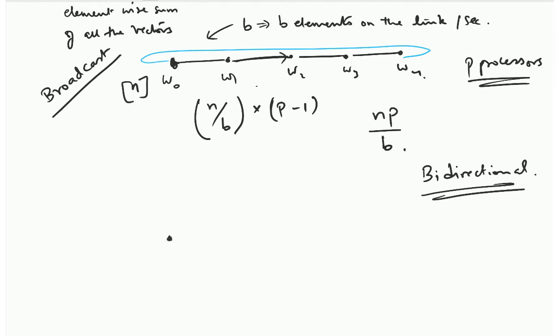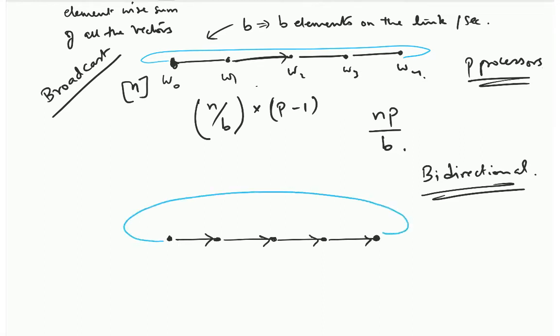Here is what you do. You divide the data into two parts. One data stream will go down this path, and the second data stream is going to go down this path. It's going to come here, here, here, and here. Remember, this is the root, the node that has the data that needs to be broadcasted.